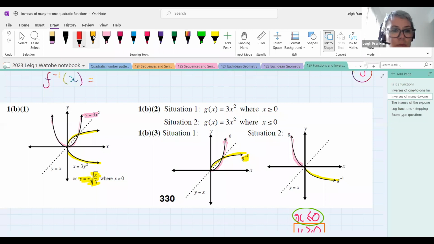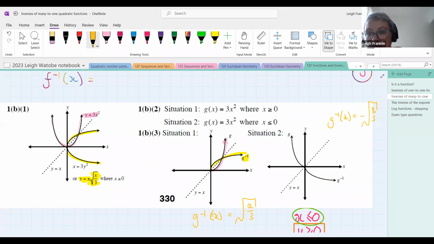Let's just get this on the page. As far as our inverse function is concerned, for the middle situation, g to the minus 1 of x would have been positive root x over 3. Over here, our g to the minus 1 of x would have been negative root x over 3.